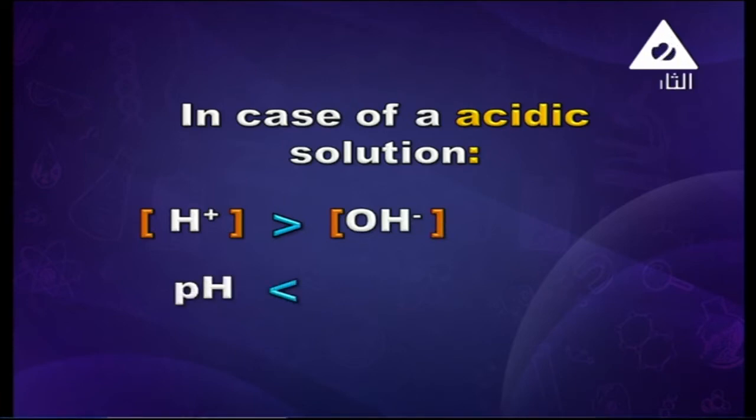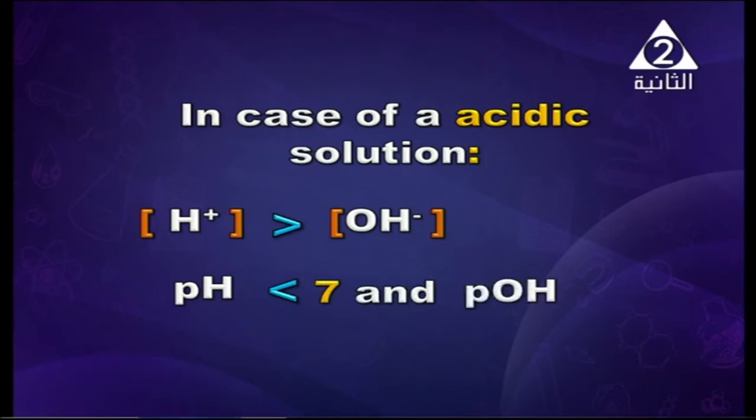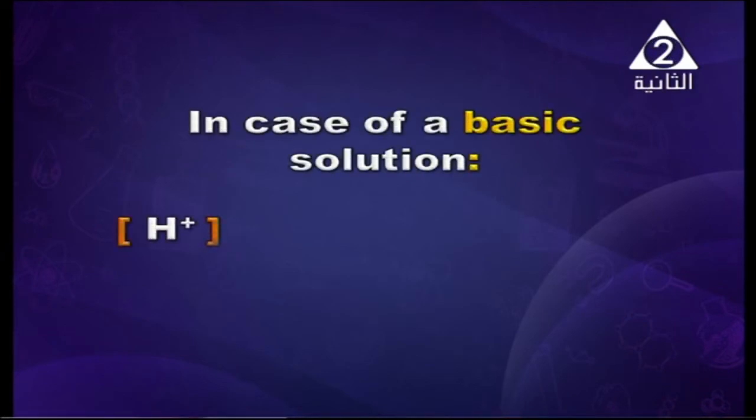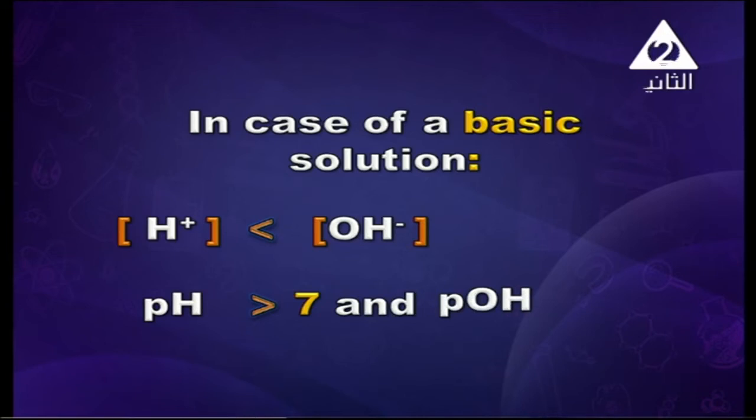So, pH is less than 7 and pOH is more than 7. In case of basic solution, concentration of hydrogen ion is less than concentration of negative hydroxide ion. So, pH is greater than 7 and pOH is less than 7.